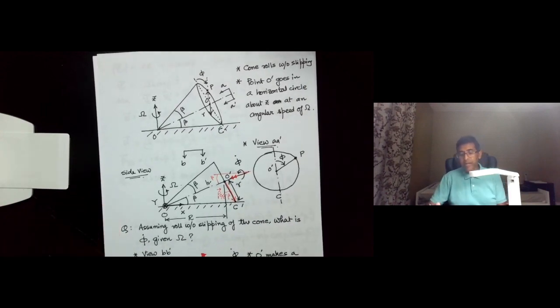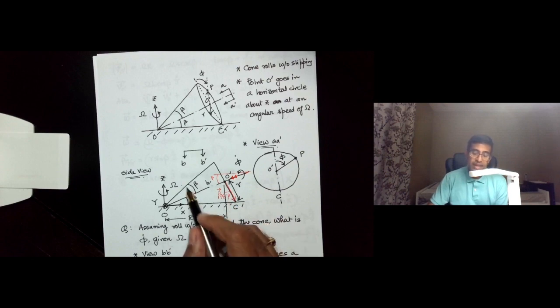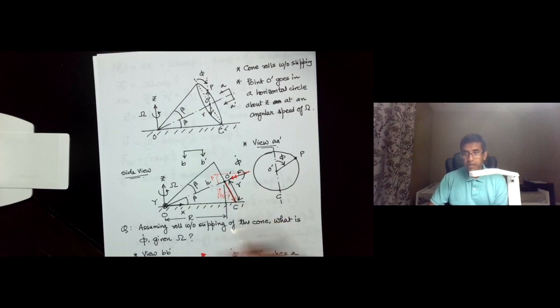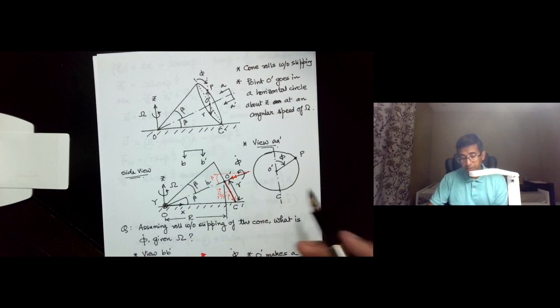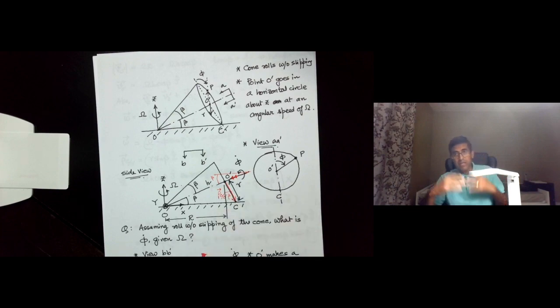The relation between the two angular velocities, as you can see, does not depend on the radius of the cone, rather it depends on this angle beta. Both h and r showed up in our analysis, but in the ultimate result, phi dot was equal to omega divided by sine beta. So h and r do not show up explicitly.